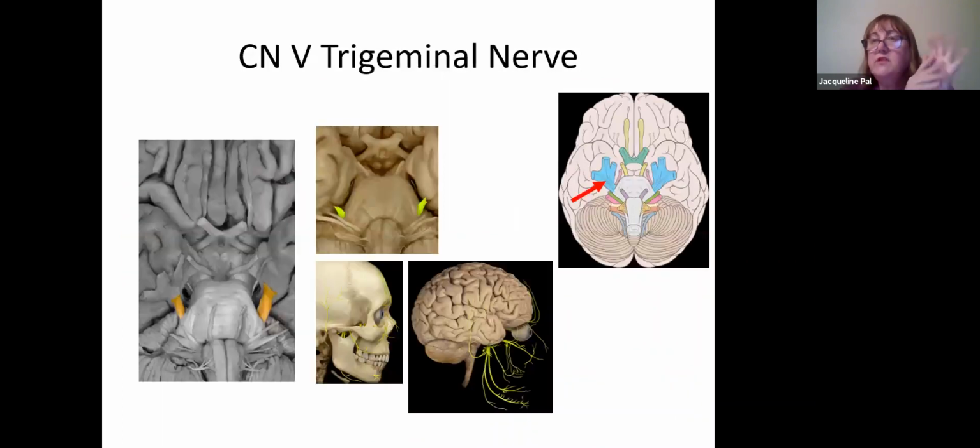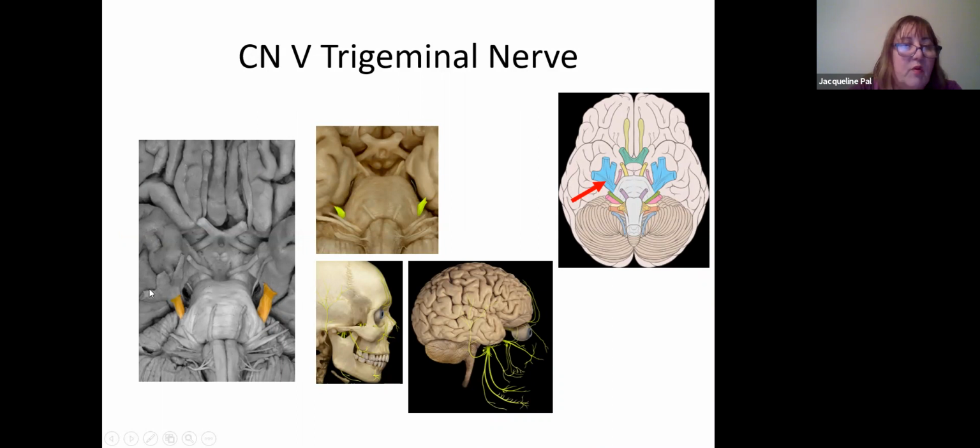So that brings us to the 5th cranial nerve, which is the trigeminal nerve. And it's quite large because, as the name implies, tri meaning 3, this one is going to have 3 branches. So oftentimes on models, you will only see the really thick stubbing of the trigeminal nerve.